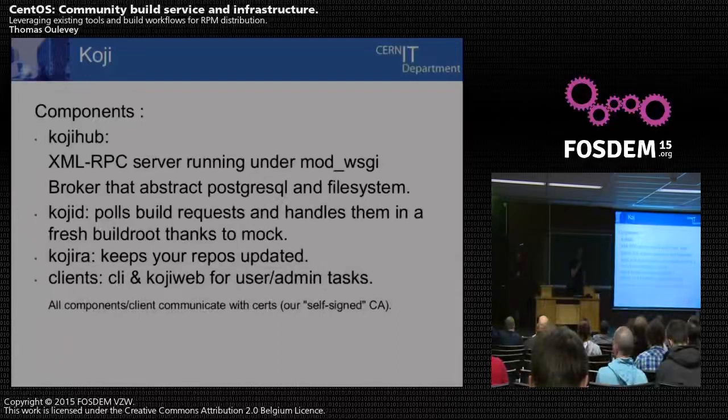Basically, you have tasks, and they are run by the Koji builders. So when you create a new RPM, it will be run by one of the builders. At this time, we have three of them for CentOS. We will be working on adding more if we need to, but for the moment, it's far enough for the workload we have. Kojira is a small tool that keeps all the repos updated.